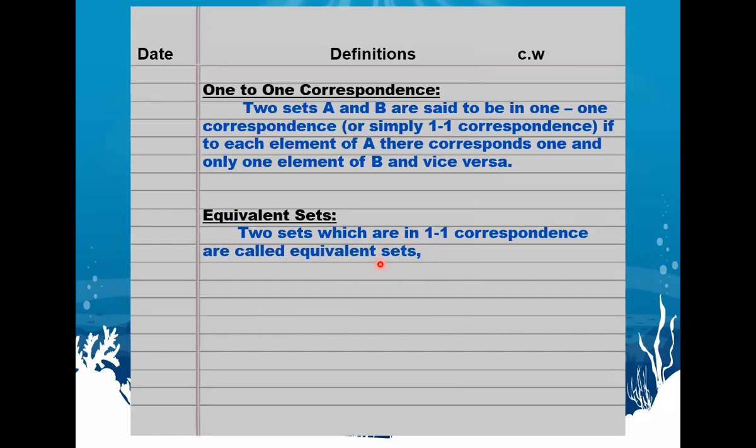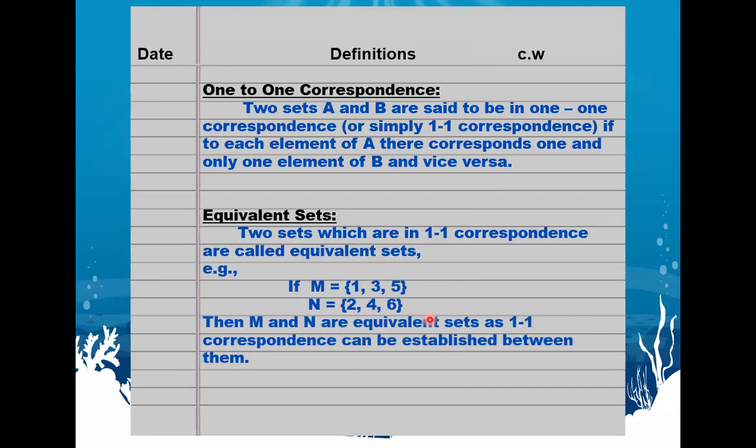For example, if M is equal to {1, 3, 5} and N is equal to {2, 4, 6}, then M and N are equivalent sets as one-to-one correspondence can be established between them.